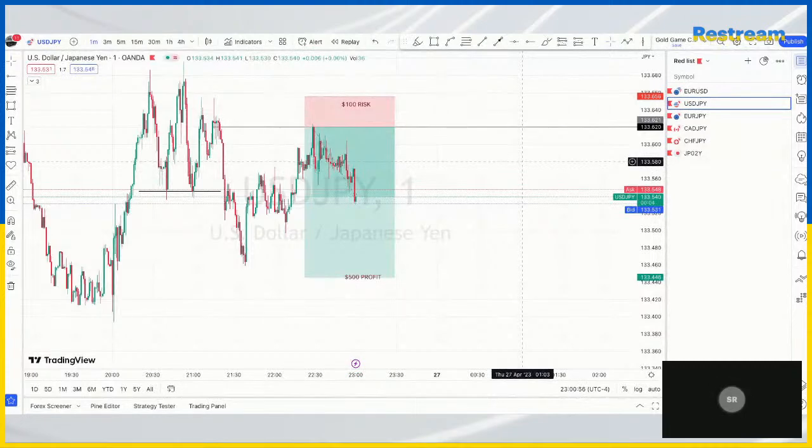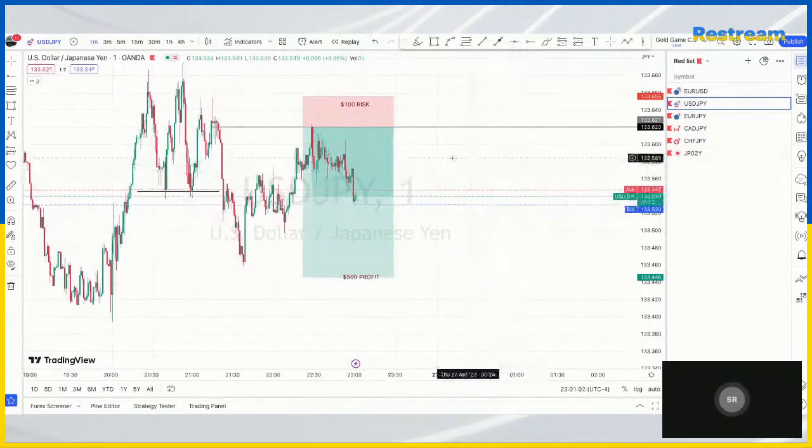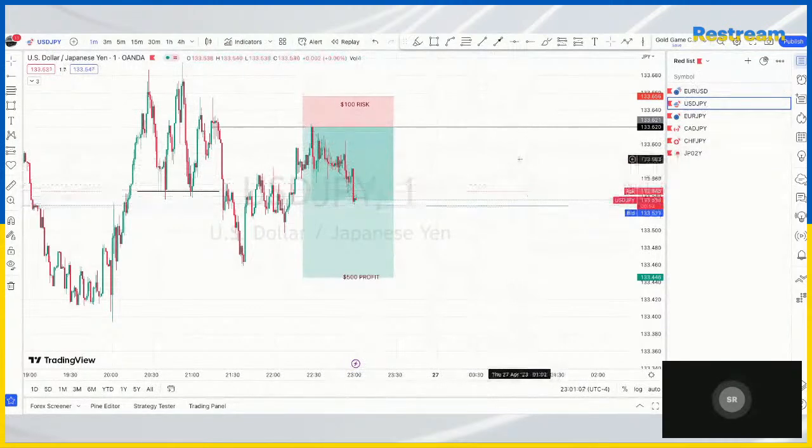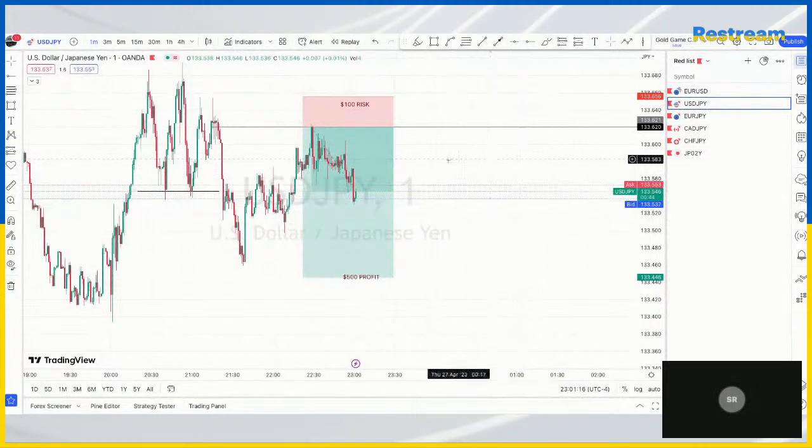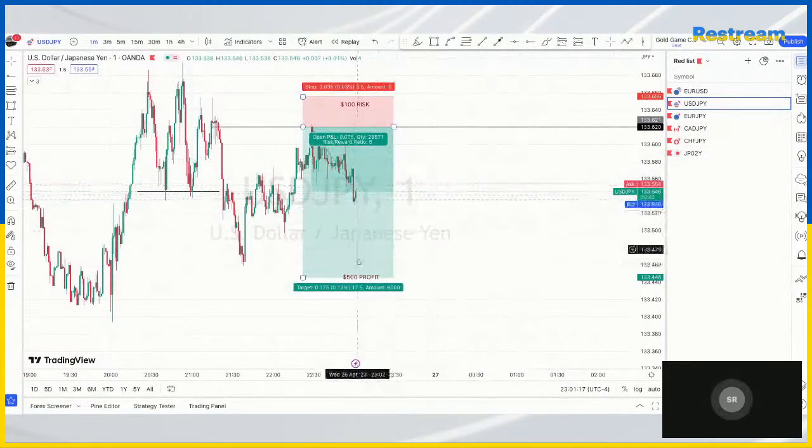So that's basically what I do, just secure some profit and then cancel out all the other trades that could potentially lose, right? If they lose, then you basically would lose what you made in here.